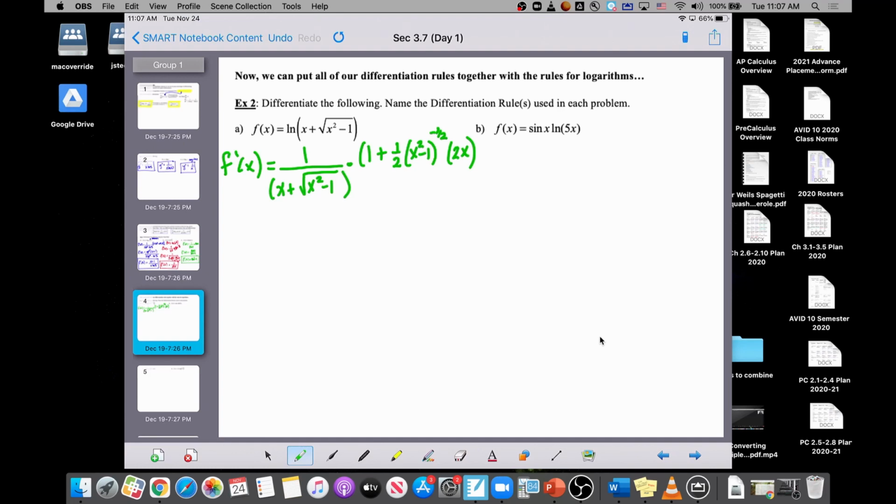And now let's clean this up a little bit. Let's try to make this look a little bit prettier here. So we have f prime of x is equal to 1 over x plus the square root of x squared minus 1 times, and then here I have 1 plus, and this would be 1 over 2 times the square root of x squared minus 1 down in the bottom times the 2x, which puts the 2x on top.